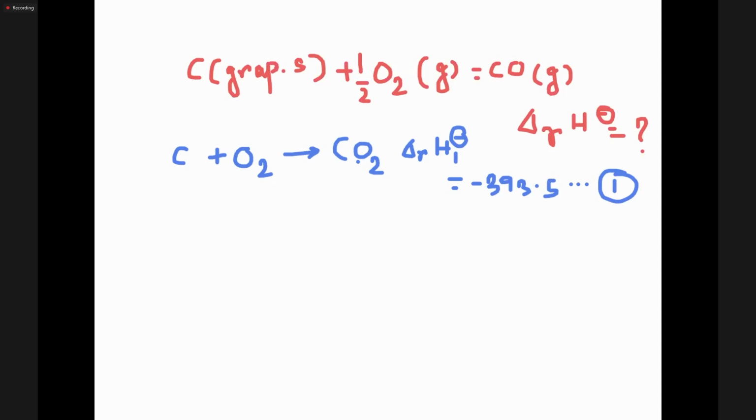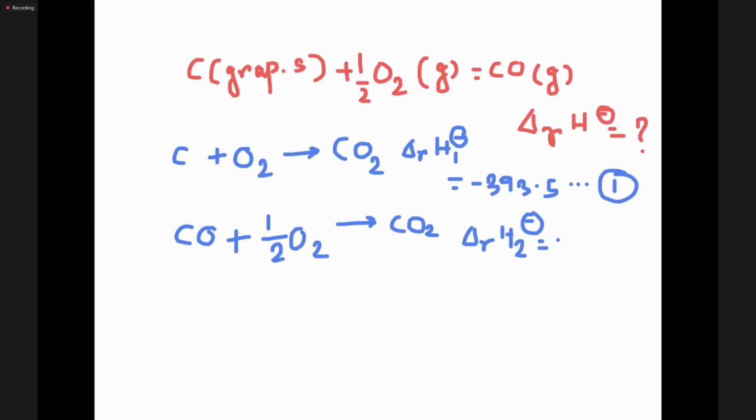Let's take up another equation where CO in presence of dioxygen produces CO2. The ΔrH2° value of this reaction is given, which is minus 283 kilojoule per mole.